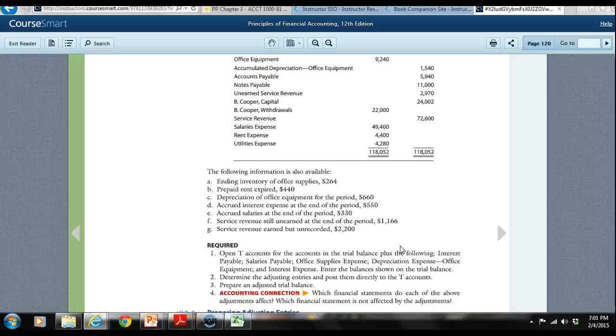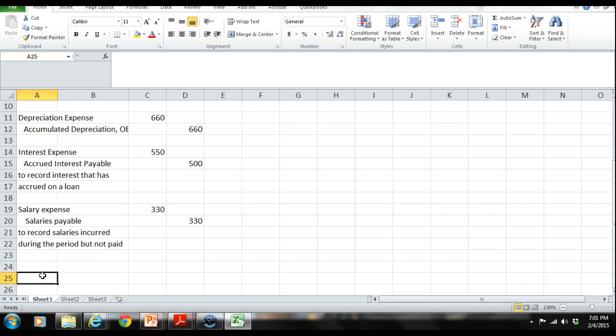But what do we do with the adjustment? The adjustment we do is now service revenue that has been earned. So if we take our $2,970 minus our $1,166, we're going to debit unearned service revenue of the difference. 2,970 minus 1,166 gives 1,804.